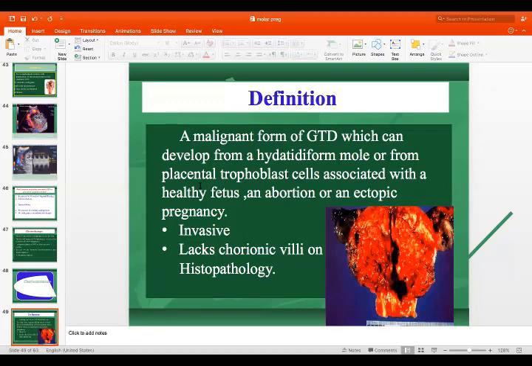So choriocarcinoma is invasive locally, it is metastatic, and lacks chorionic histopathology. It differentiates from invasive mole due to the lack of chorionic villi. In invasive mole, there are chorionic villi, but in choriocarcinoma, there are no chorionic villi.